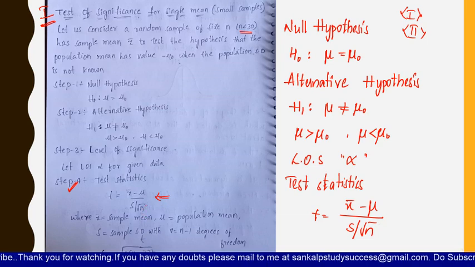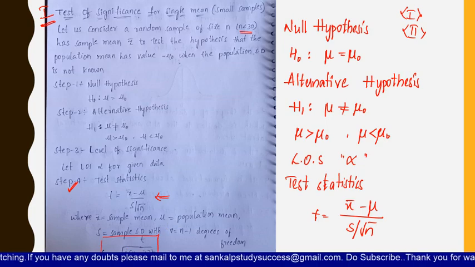Previously we used sigma, but here it is the sample standard deviation. How do you find the sample standard deviation? Using the formula: square root of summation of (xi minus x bar) whole square divided by n minus 1. N minus 1 is nothing but the degrees of freedom. Now let us solve one problem related to this single mean, so that we will have a clear idea.